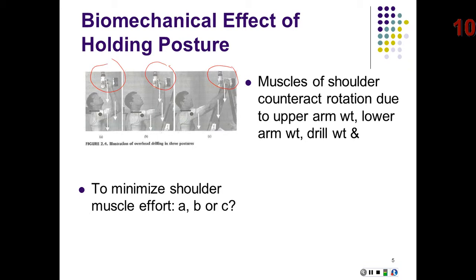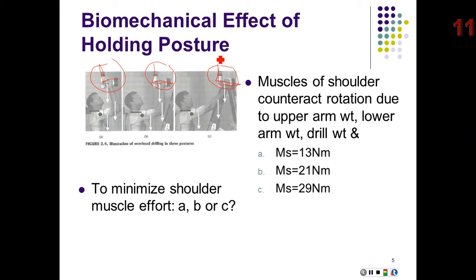And so we're looking at, if your muscular effort of your shoulder, that black arrow, is contracting, which one, A, B, or C, which posture minimizes your shoulder muscle effort? Is it better to hold the tool close to your body, a medium distance away, or a farther distance away?